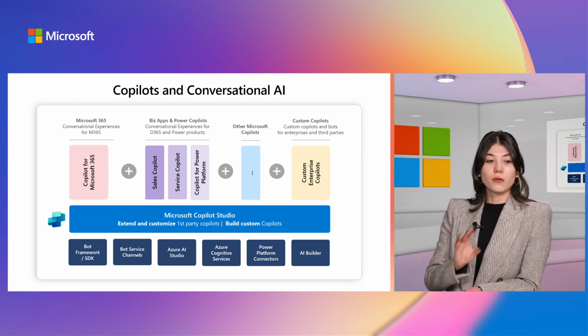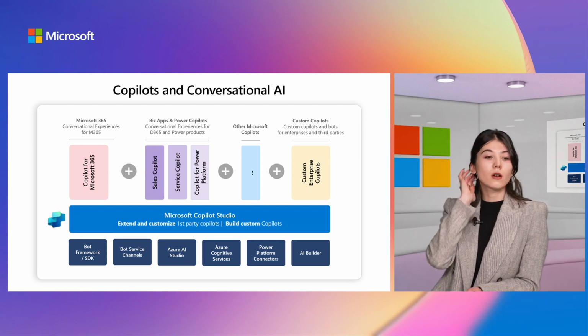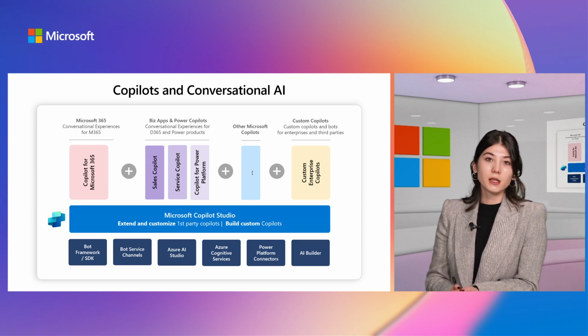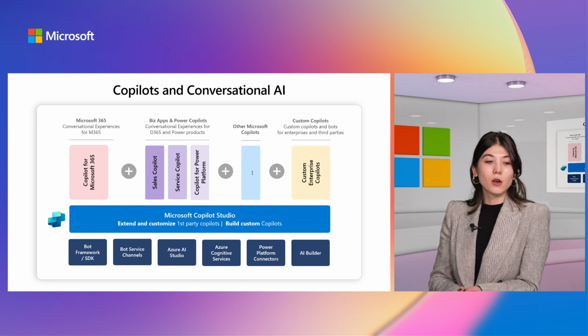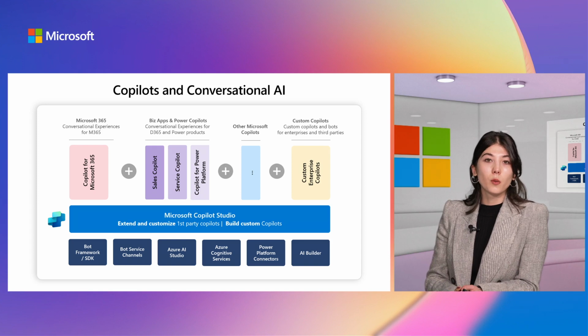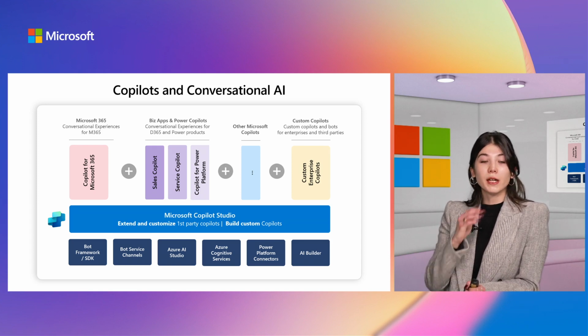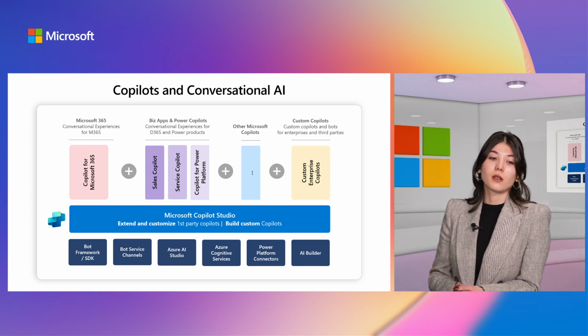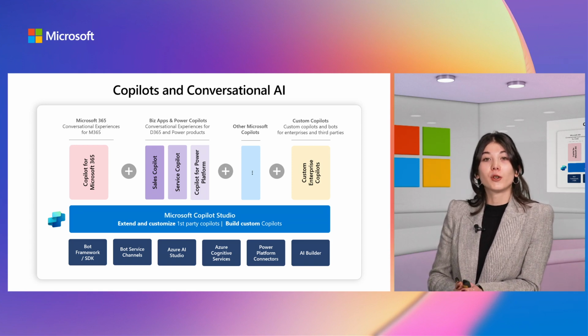So to start it off, what you can see in the top layer are the first-party Copilots that have been built and trained by Microsoft. These are built in our products, including, for example, Microsoft 365 Copilots, Copilot for Sales, Copilot for Service, and Finance as well. And you can also see here in the graph Copilot for Power Platform.